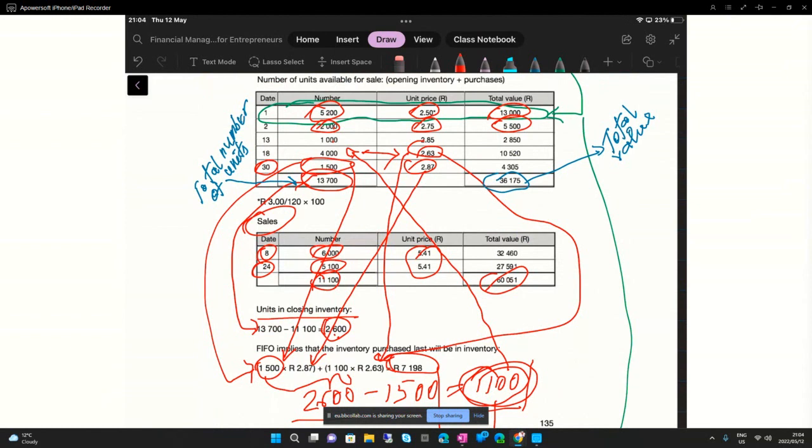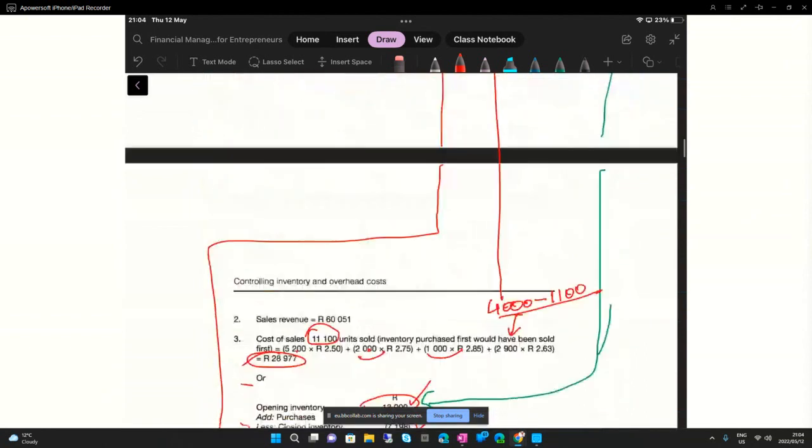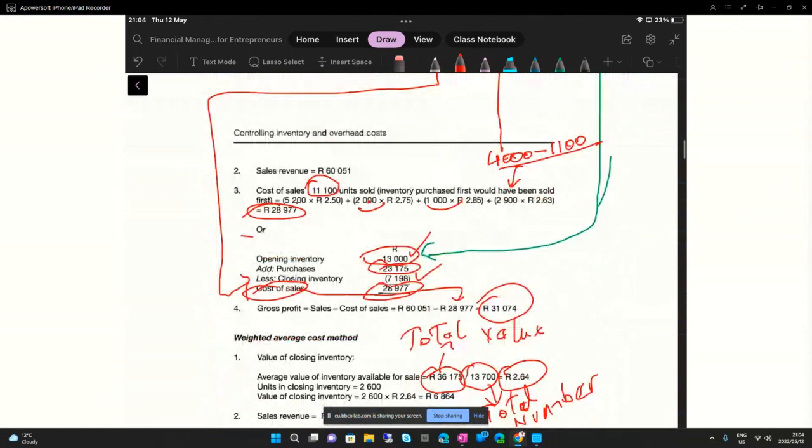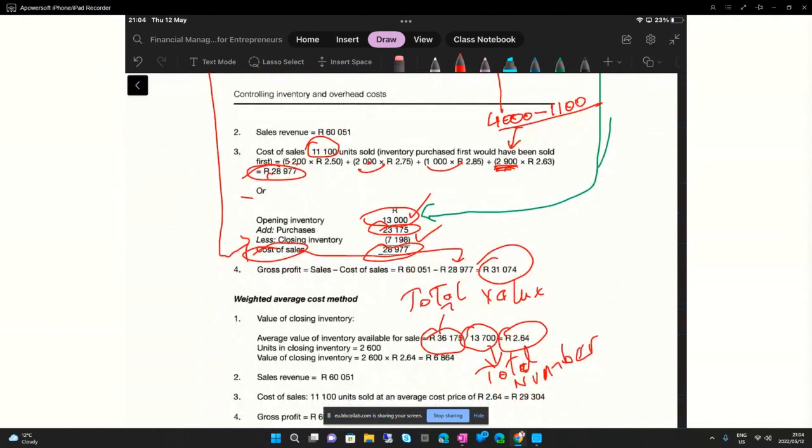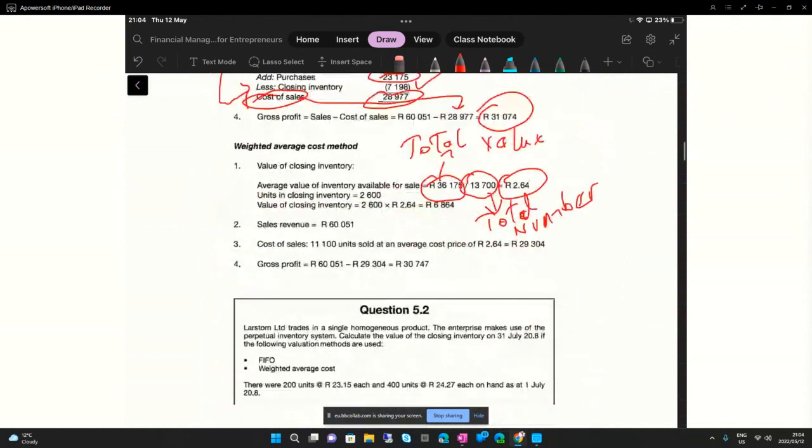What were the sales? How many units were sold? 11,100. So we want to find the cost of those sales, and that's why we have to find 11,100 units. We will start with the 5,200 units plus the 2,000 plus the 1,000 and only 2,900 to give us the total. And that's how we'll find it.